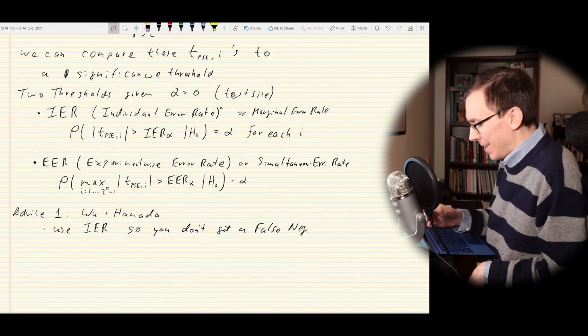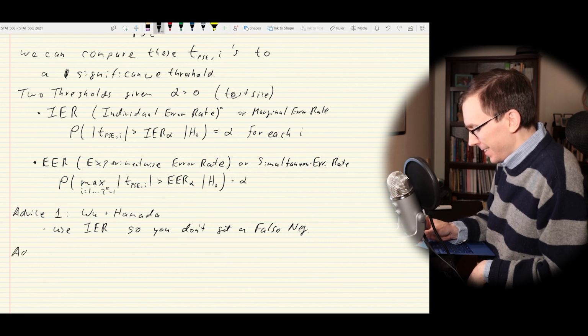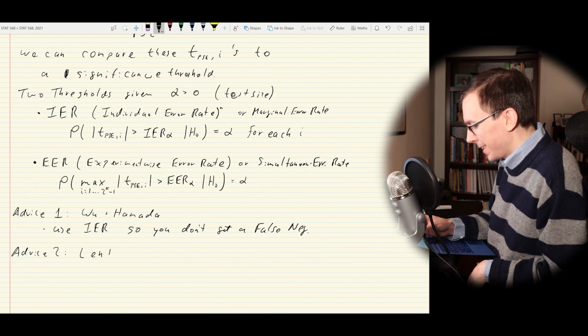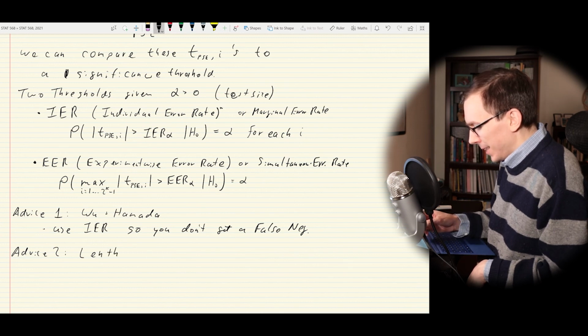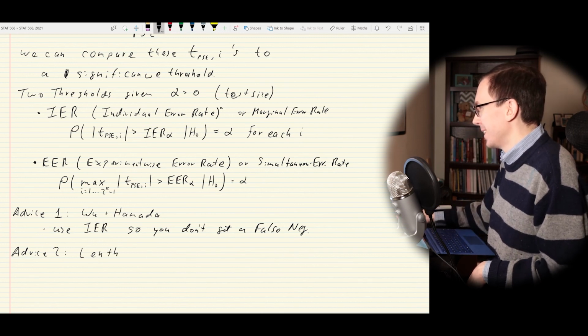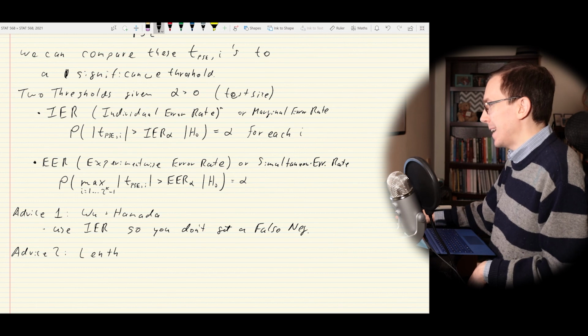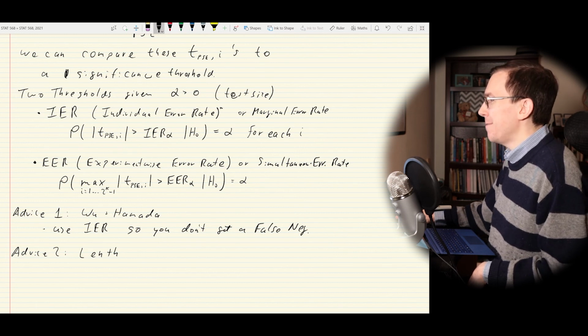Now, we also have advice 2, which came directly from reading Lenth's work. And what Lenth said was basically this method should not be used in replicated experiments where the standard error can be estimated more efficiently by traditional analysis of variance methods.